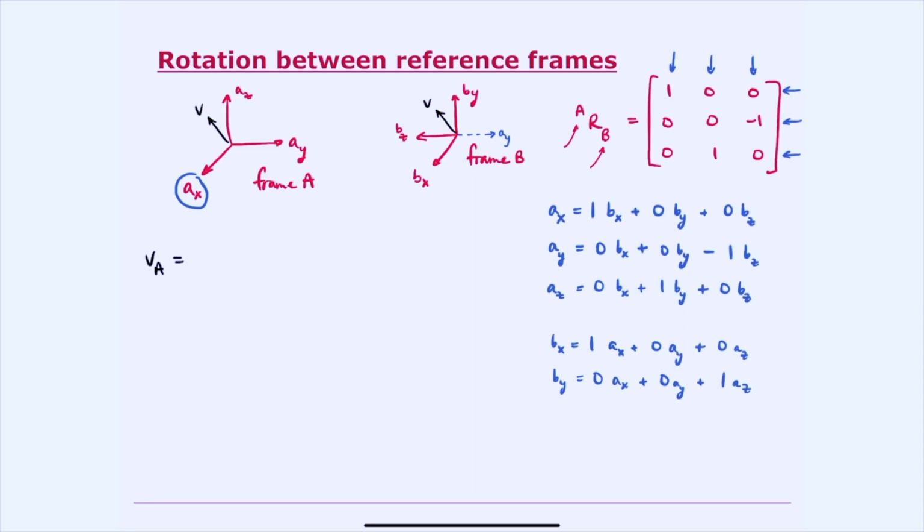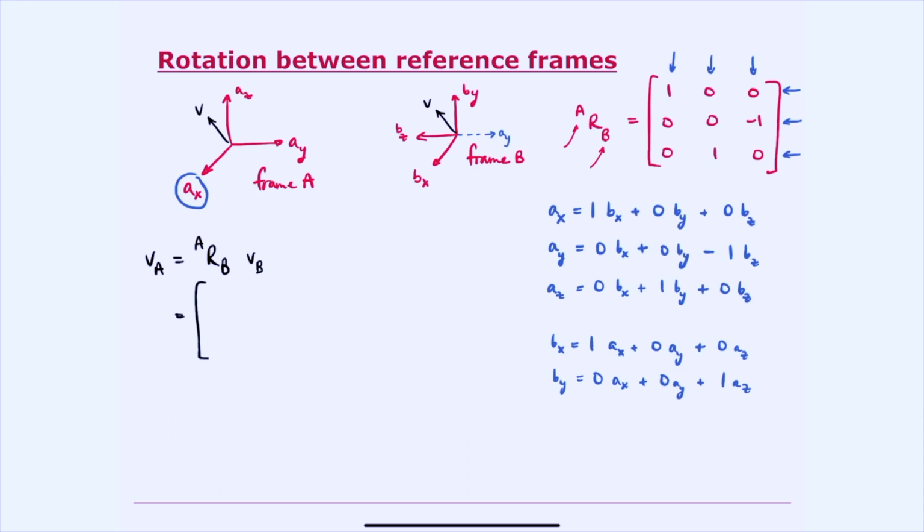VA equals R from A to B times VB. The way we've defined our rotation matrix means that if we have the coordinates of vector V with respect to frame B, we can multiply it by the rotation matrix to get the coordinates of this vector with respect to frame A. So let's try it out.